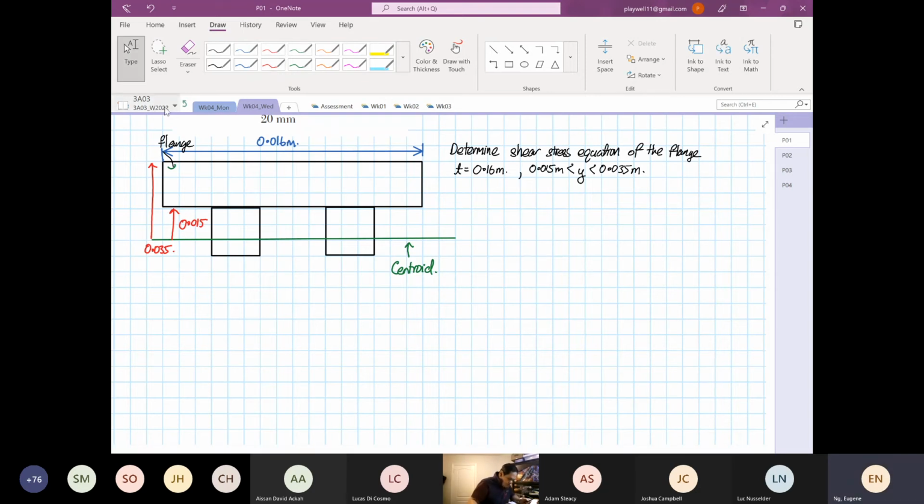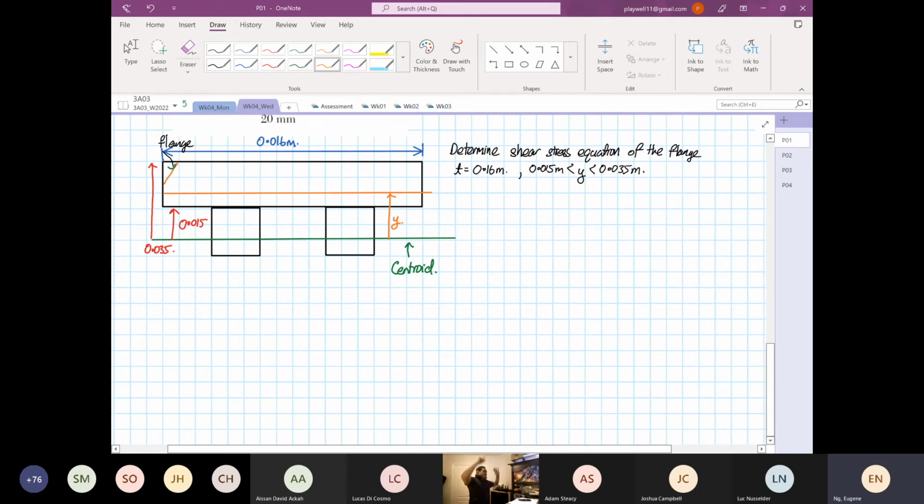So now we have a variable y. I'm going to use a different color now. So this is our y distance. This distance from here to here is our y. Now that y distance is your variable.